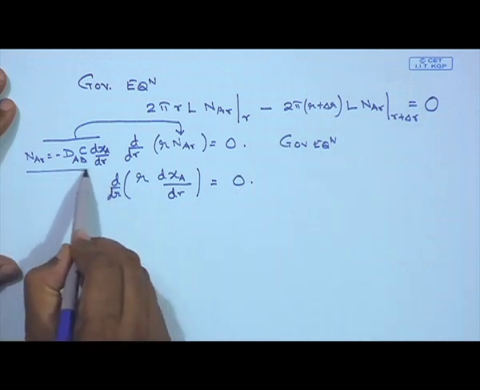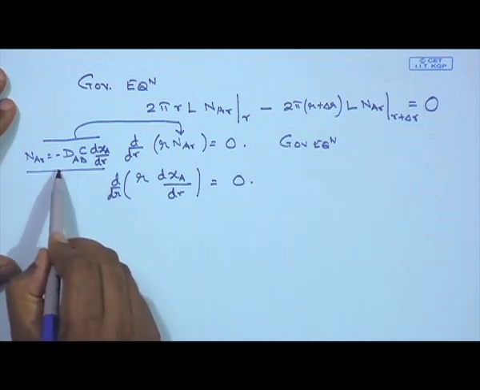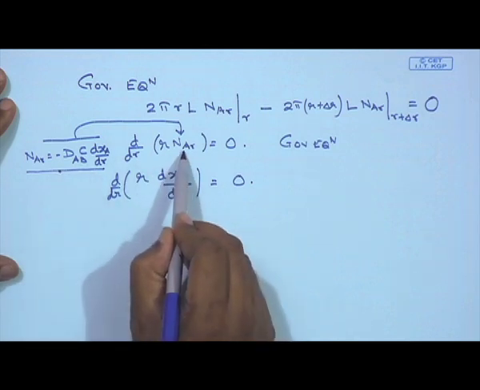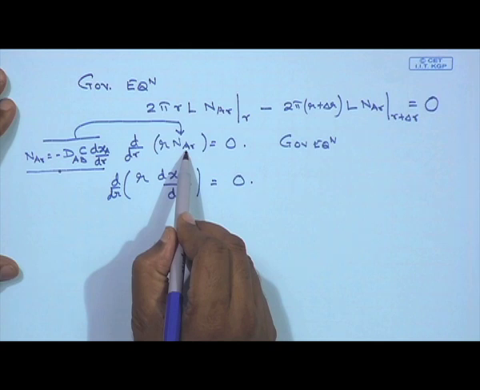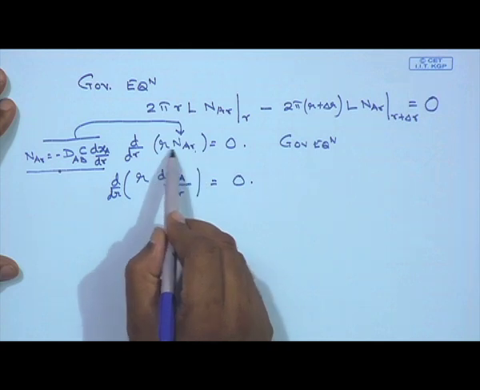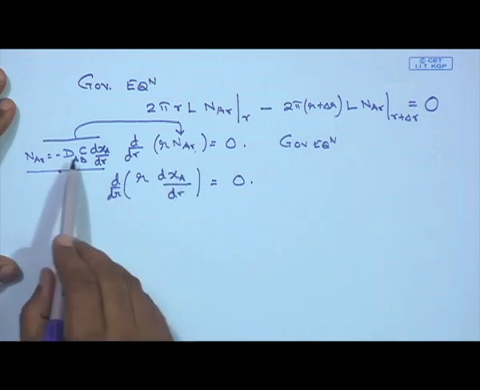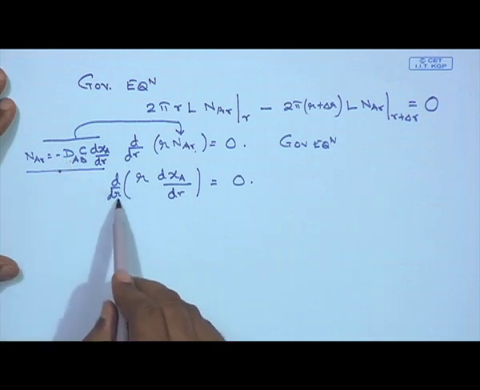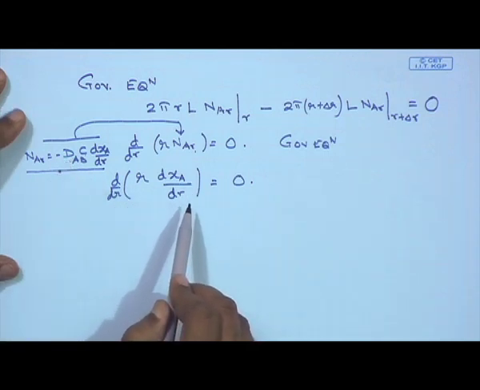So, we have used Fick's law for a diffusion only case, plugged that in for the molar flux of the component A in the r direction, and since C and D_AB are constant, this is going to be my governing equation.